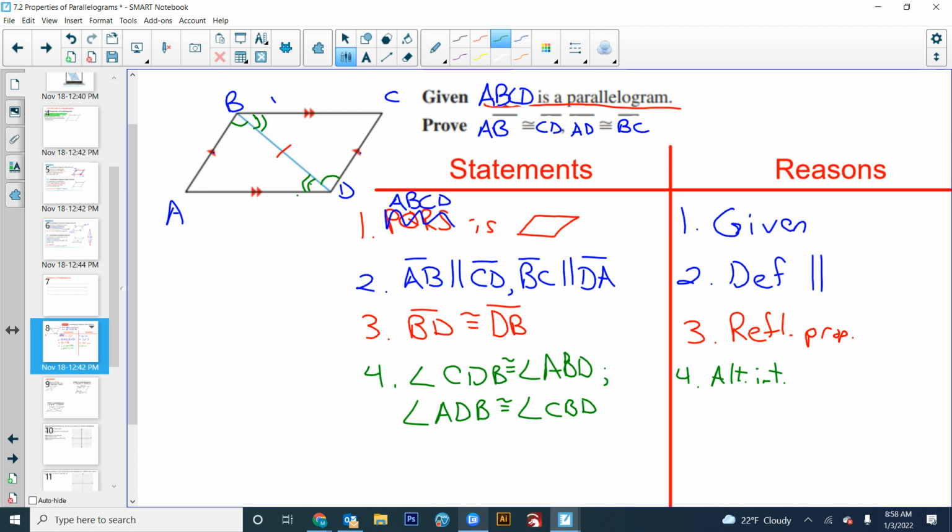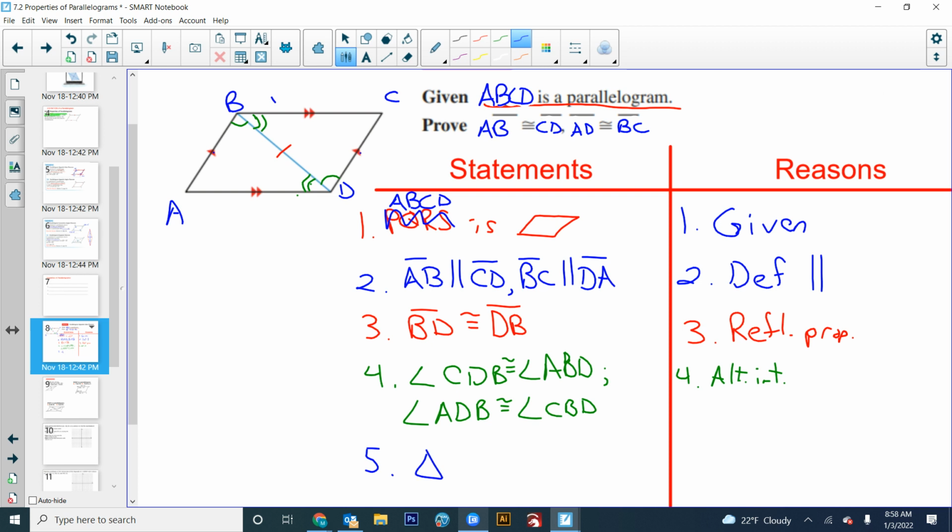And now we have, which one? Careful. ASA. Can you see it? Take a look if you can see ASA. If you can't, I will be happy. I have a couple little visual things we can do to make sure you see it.